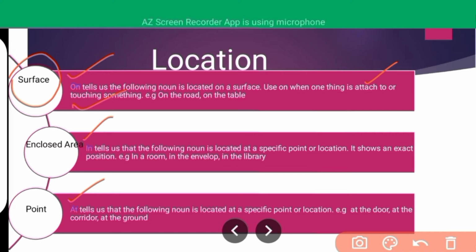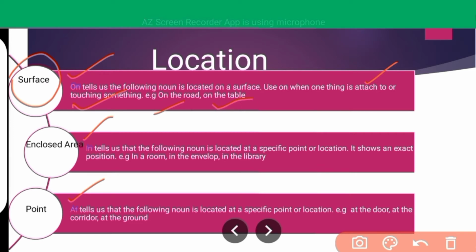It means कि जब कोई चीज़ किसी दूसरी चीज़ के ऊपर, उसकी सरफेस के ऊपर होती है, उस सरफेस को टच कर रही होती है या उसके साथ अटैच होती है, तो उसको डिस्क्राइब करने के लिए हम जो प्रपोजिशन यूज़ करते हैं वो है ऑन. फॉर एग्जाम्पल, ही इज़ स्टैंडिंग ऑन द रोड, या कार इज़ ऑन द रोड, or we can say that book is on the table.